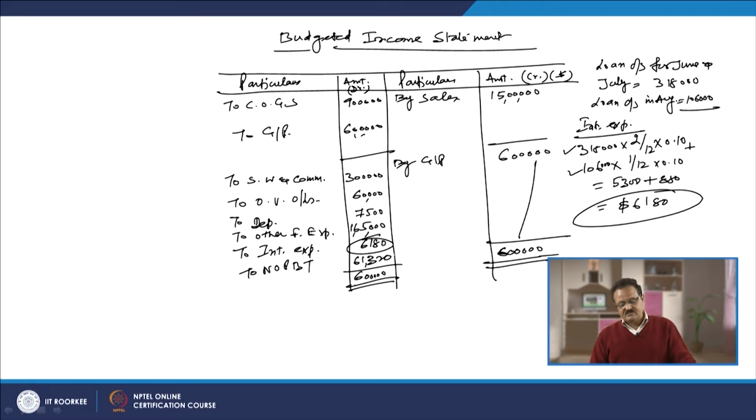This is the total amount of profit we have worked out, and this is the net result of the operating budget. The budgeted net operating profit before tax is $61,320. This is the end of the operating budget.